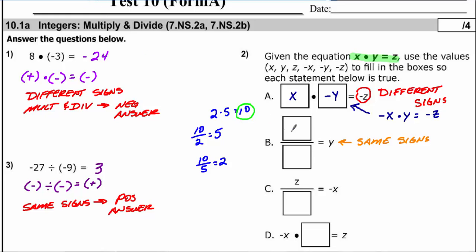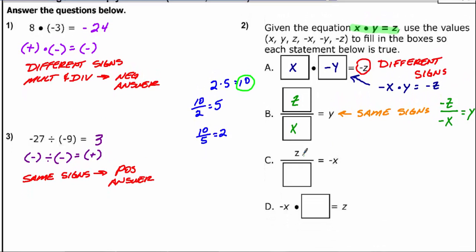So that leads us to our answer on B. It is either z divided by x, same signs to get a positive answer, or it's the opposite of z divided by the opposite of x, to get positive y. Have to be same signs. Moving down, C and D. So this is different signs. Has to be different signs to get a negative.